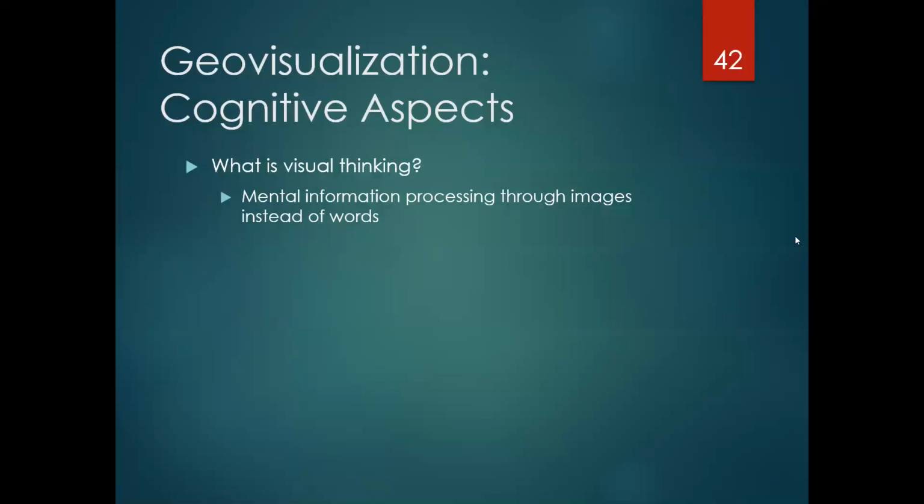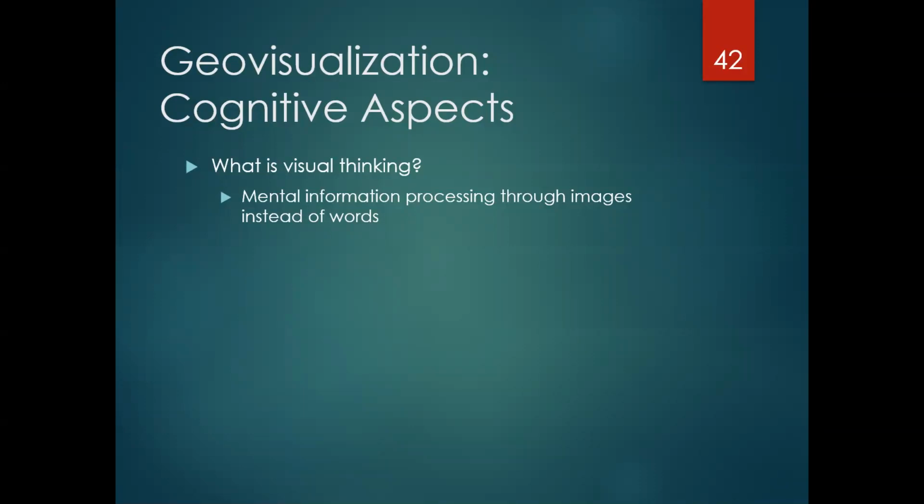When a user is looking at your geovisualization, his or her visual thinking is stimulated. Visual thinking is actually the media between your geovisualization and the user, and people usually use visual thinking to collect information from your geovisualization.